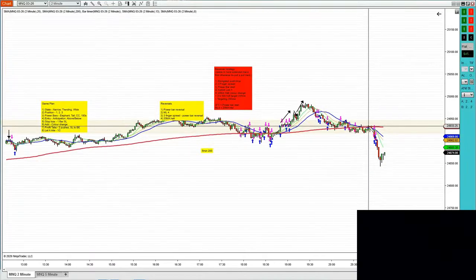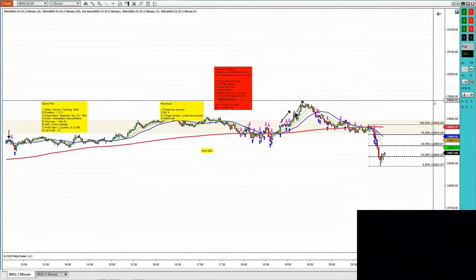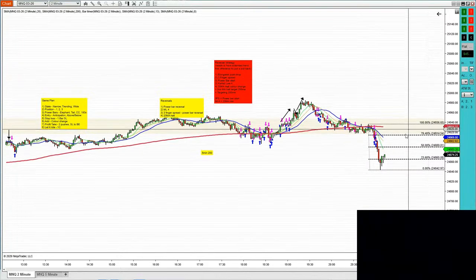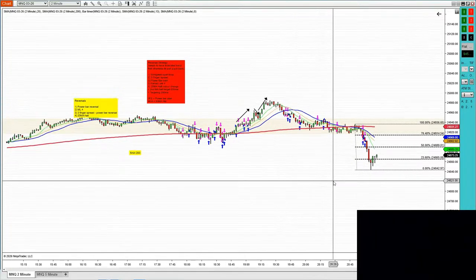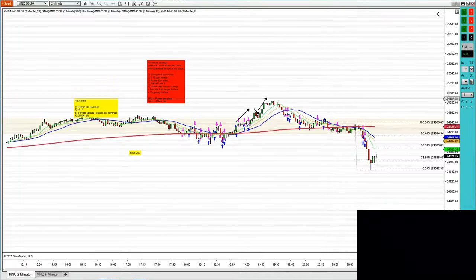But I'll only go one contract. I don't want to take the first color change.